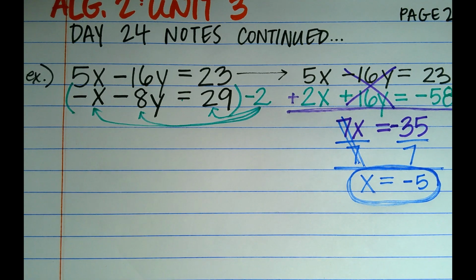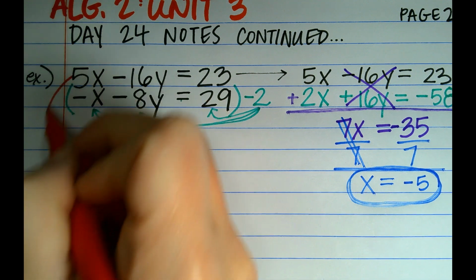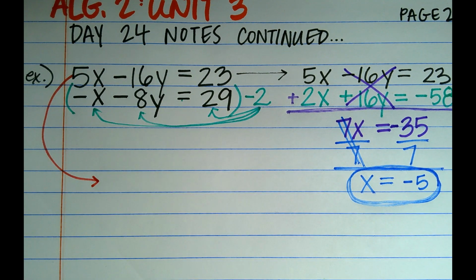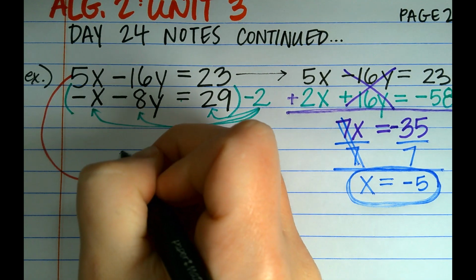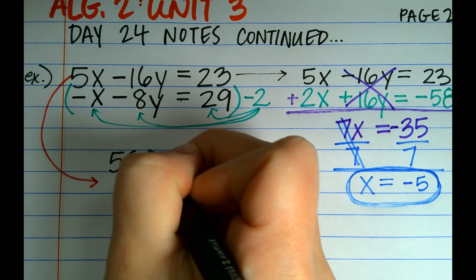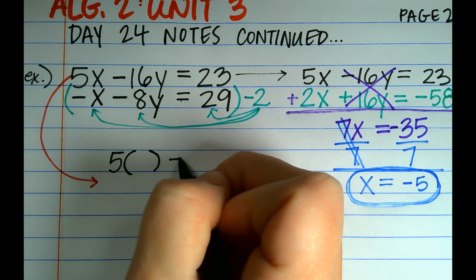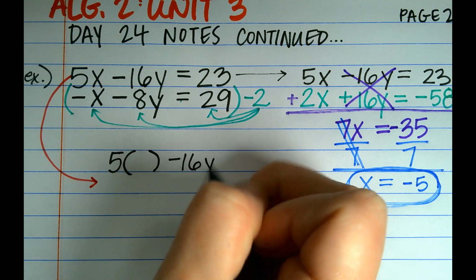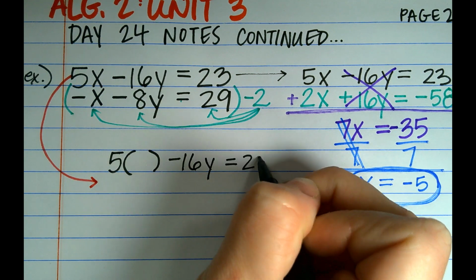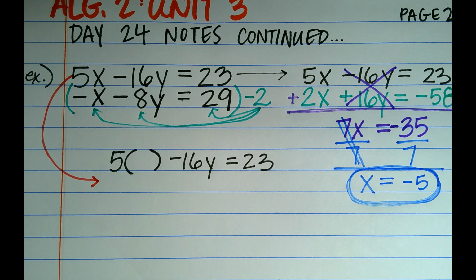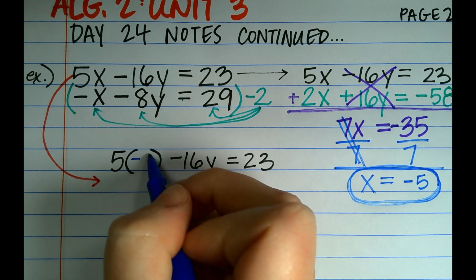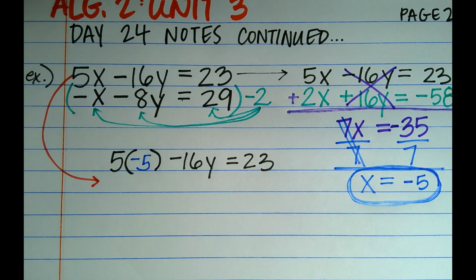So I am going to just rewrite down here 5 times x, because we solved for x, minus 16y equals 23. And since we know that x is negative 5, I'm going to put that in my blank space. 5 times negative 5.